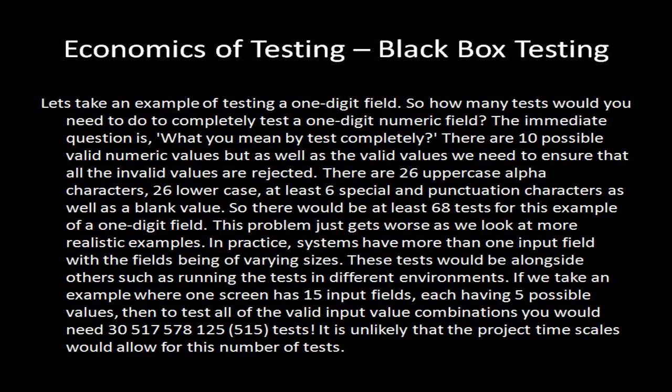Why? How many tests would you need to do to completely test a one-digit numeric field? The immediate question is, what do you mean by test completely? There are 10 possible valid numeric values, but as well as the valid values, we need to ensure that all the invalid values are rejected. There are 26 uppercase alpha characters, 26 lowercase, at least 6 special and punctuation characters, as well as a blank value.